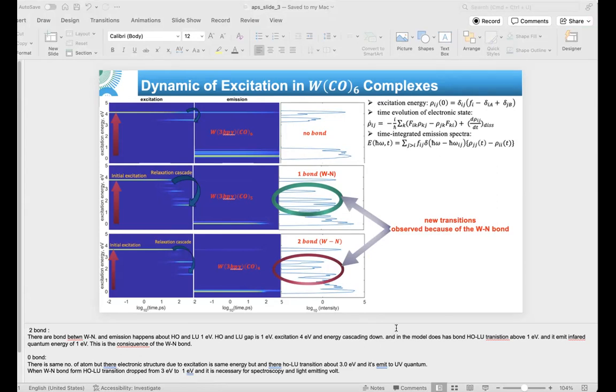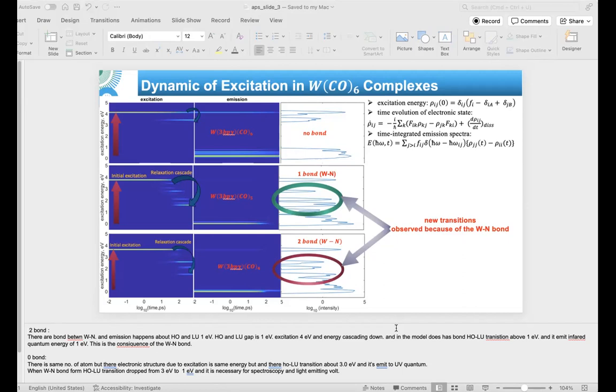So in conclusion, what I can say is that the formation of tungsten and nitrogen bonds in this metal complex structure leads to additional electronic transition.